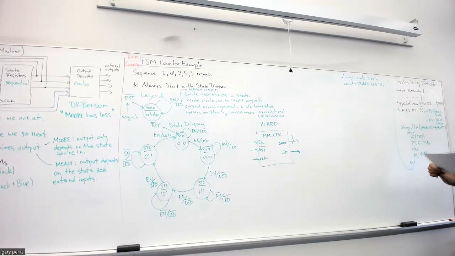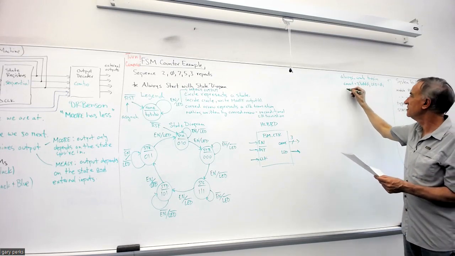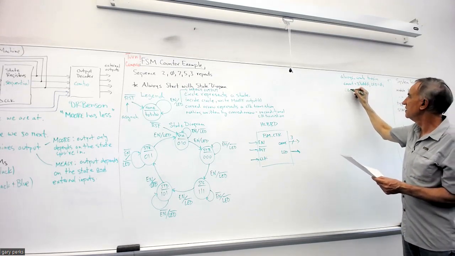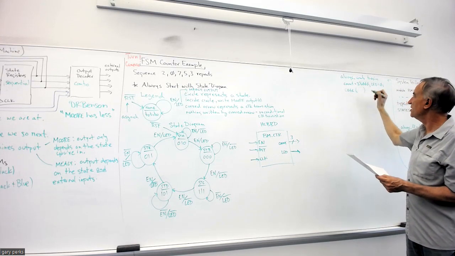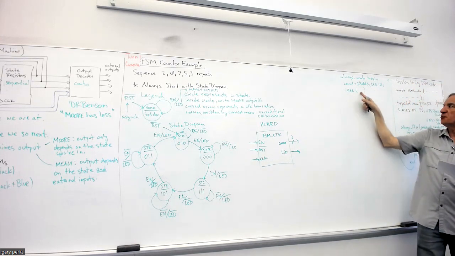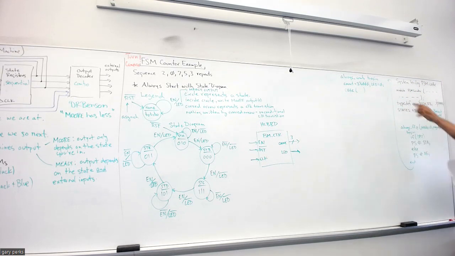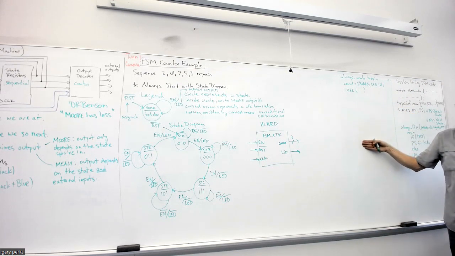Then after you initialize your outputs, now comes a case statement. And remember, the parentheses of the case is what's called the sensitivity list. So whatever you put in here, that's when the case is going to be evaluated. And we want the case to be evaluated every time present state changes, because when present state changes, this block is going to figure out where we're going, what the next state is.